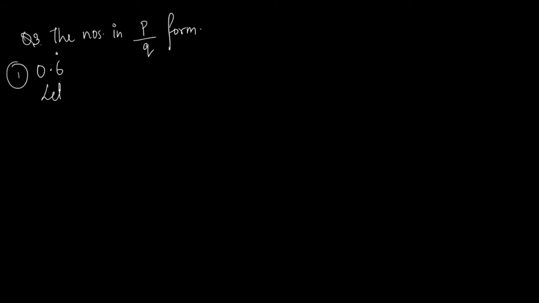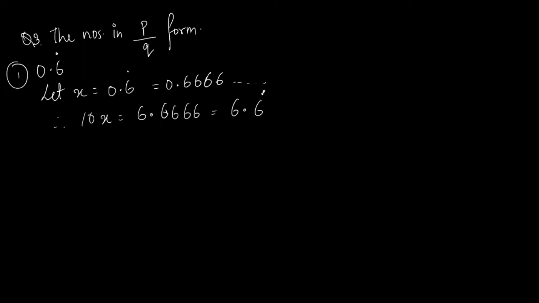We assume x to be 0.666, it is going to be recurring. So now I have only one digit that is recurring, so I'll multiply this by 10. So 10x is going to be equal to 6.666, that is, 6.6 recurring.